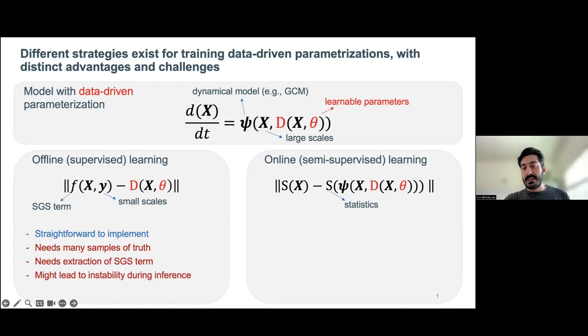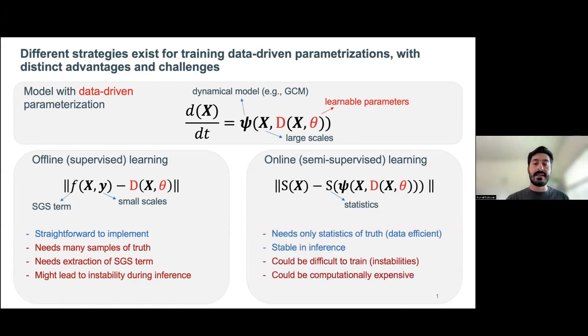And as you can see, it doesn't need to have the subgrid scale term, so it is kind of data efficient. But online training of a neural network can be difficult due to instabilities during the training. And also learning from statistics usually means long-term simulations during the training, which can be very challenging and expensive.